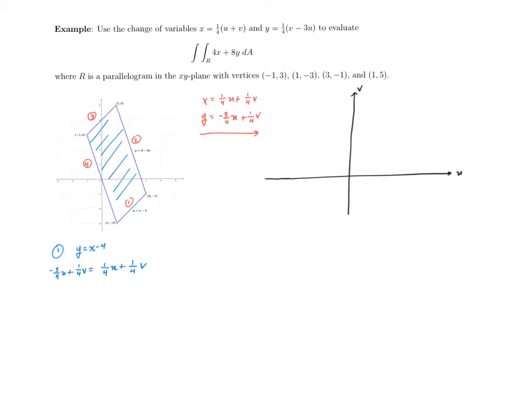And note we immediately see 1/4 v can be subtracted from both sides. Oh, and I have a minus 4. So we can add 4 to both sides and add 3/4 u to both sides. So side 1 is going to go to the line segment u equals 4.